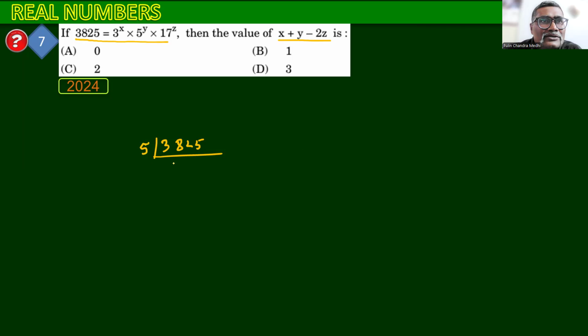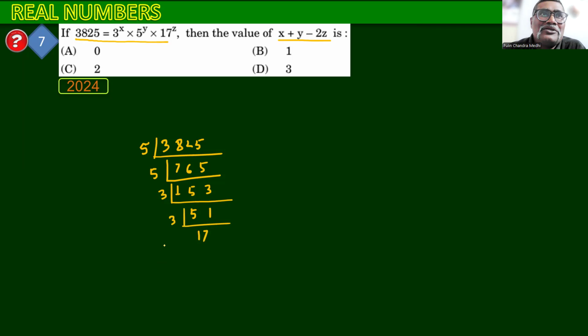Let us do it. 5 7 are 35, 32, 5 6 are 30, and then 5. Again 5 will divide it. It is 1, 5 and 3. Now 153. Yes, now you can easily check. 153 is divisible by 3. Why? Because 1 plus 5 is 6, 6 plus 3 is 9. So this is 51. Is it divisible by any number? Is it a prime? No. By 3 again it will be divisible.